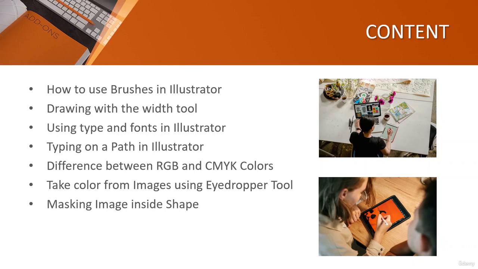So as this one is a project based class, we also do have our class project. By the end of this tutorial you guys will be able to know how you can use Illustrator. You will be able to make your own logo shape. You will be able to get a clear idea about color mixing and also the different tools available in Illustrator.